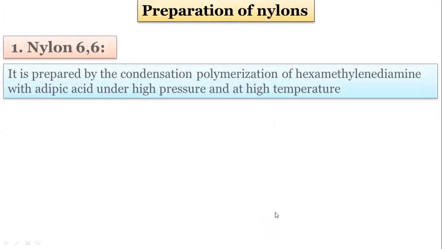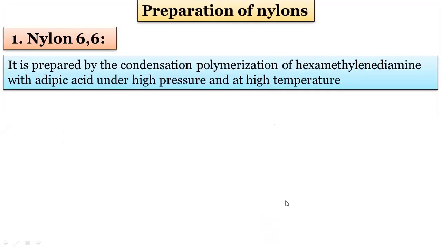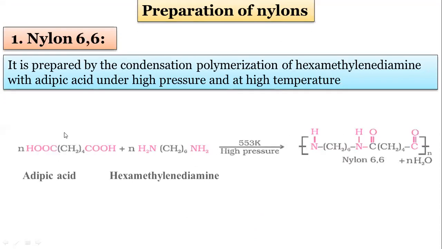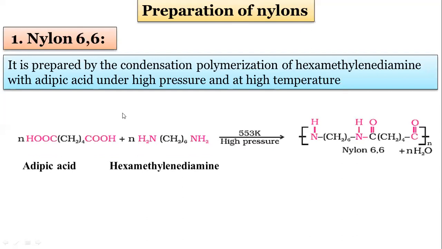Then preparation of nylon 6,6. I just explained this nylon 6,6. It is prepared by condensation polymerization using adipic acid and hexamethylene diamine. Though there are two different monomers, it is included in the class of homopolymers. Again and again I am explaining that nylon 6,6 is exceptional. 100% it will be asked in the board exam, because according to the definitions of homopolymers and heteropolymers, students get confused.